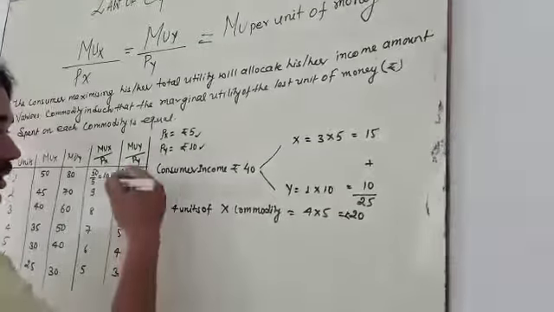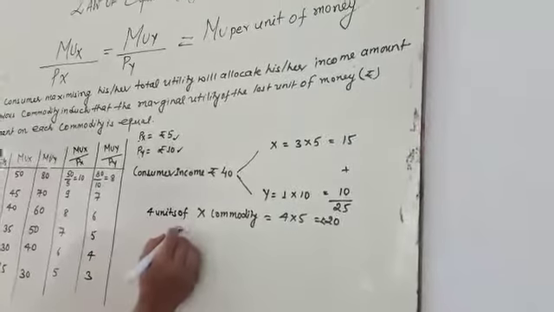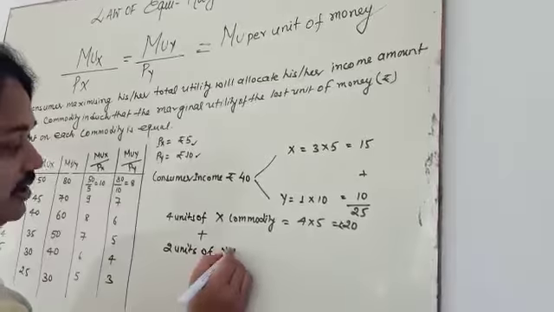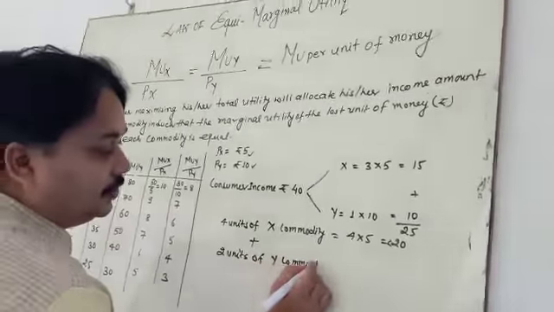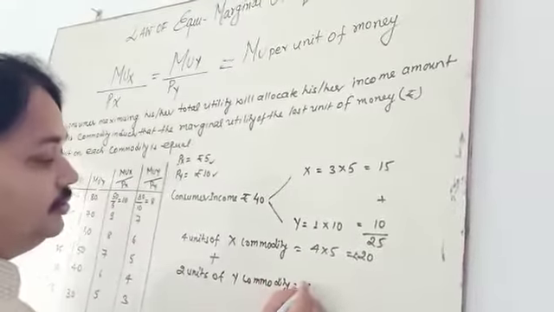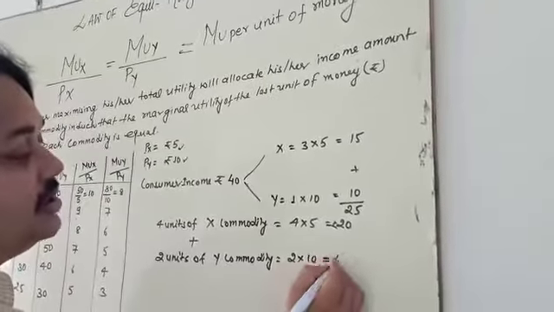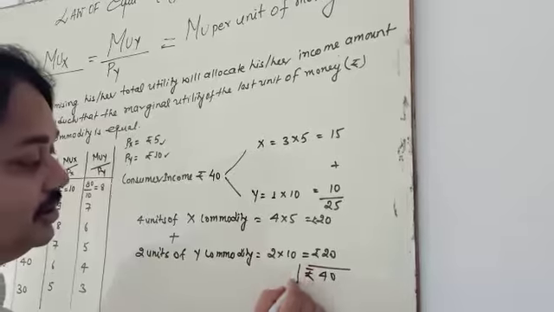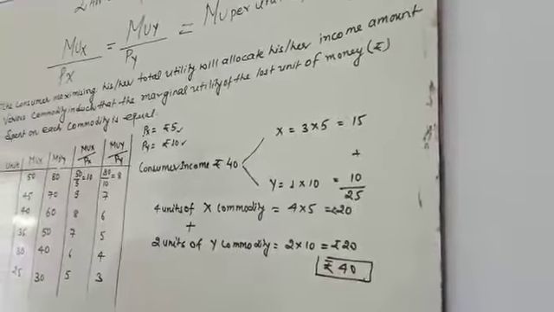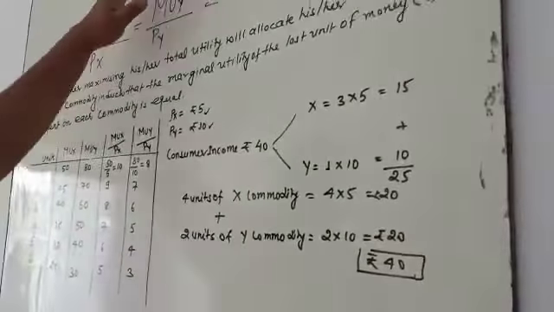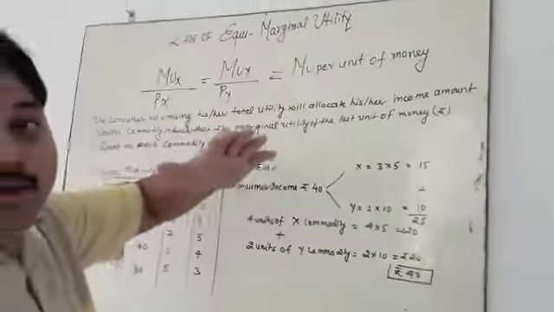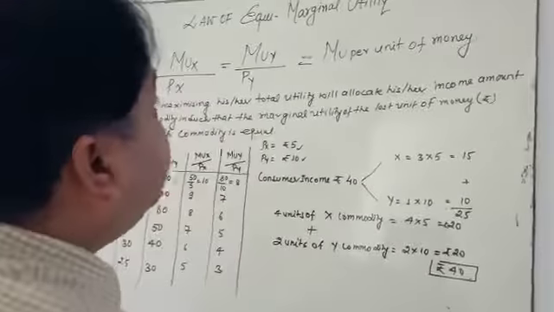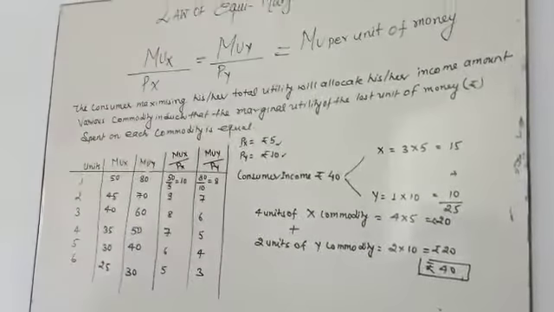And the remaining 20 rupees plus 2 units of Y commodity, 2 into 10 is equal to 20. It means he spent the total amount of 40 rupees. This is the equilibrium position. Equi means equal. What type of equal? An equal distribution of the money on the particular commodities.